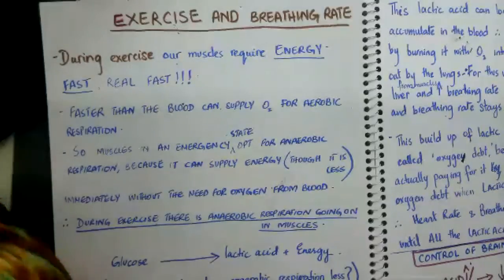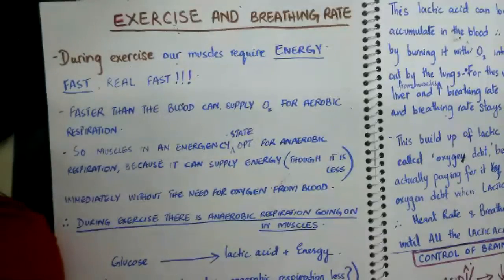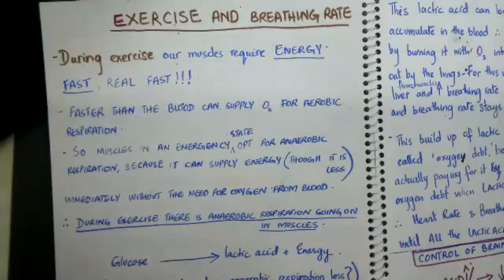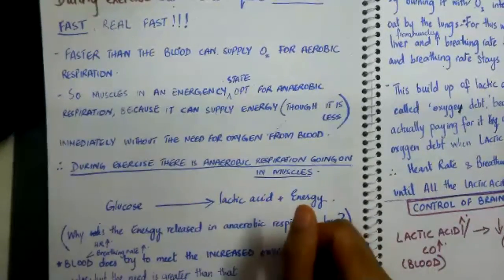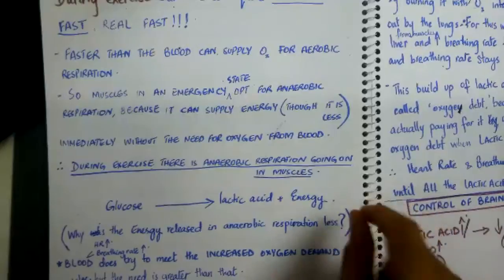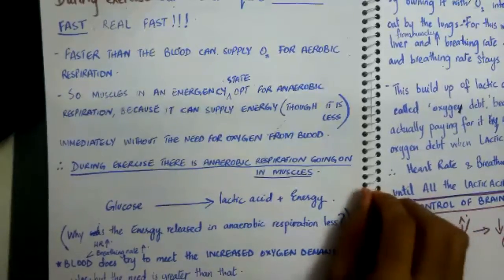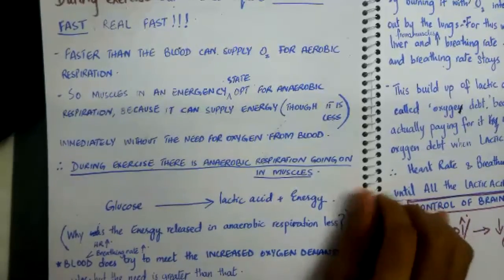Okay, so we have glucose both in aerobic and anaerobic. So then why is the energy less in anaerobic? Remember, I did discuss this in the first biology class for respiration. Who remembers?